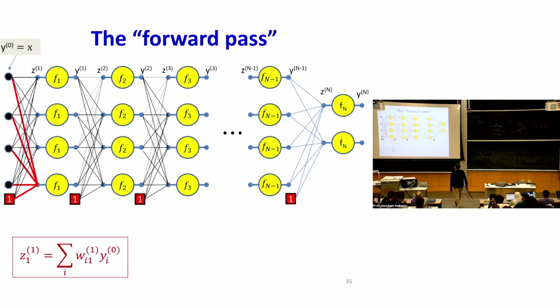Once I do this, the affine value at this neuron is simply going to be the first input times this weight plus this input times this weight, and so on. You'd be summing over all of the inputs to the neuron, taking a weighted sum. So z_j superscript 1 is going to be the summation over all inputs i of w_ij times the input y_i.